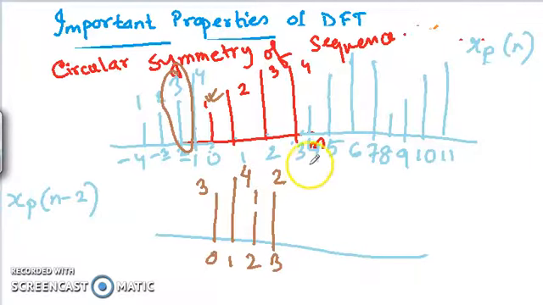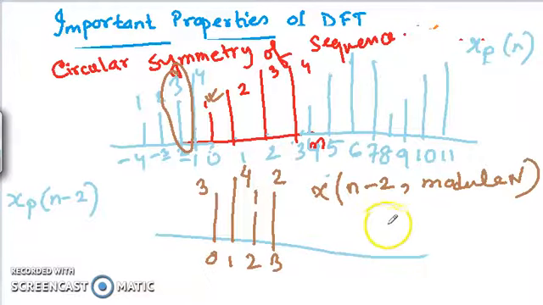So this will be the shifting of x of n minus 2, modulo N. We can write this shifting because it is actually following a circular path.